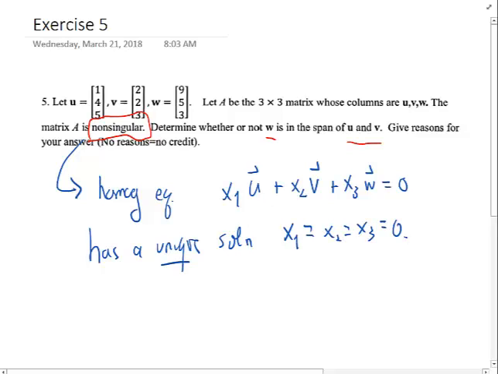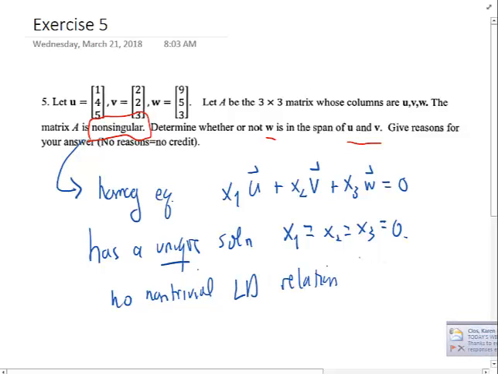What does that mean? There is no non-trivial linear dependence relation between u, v, and w.